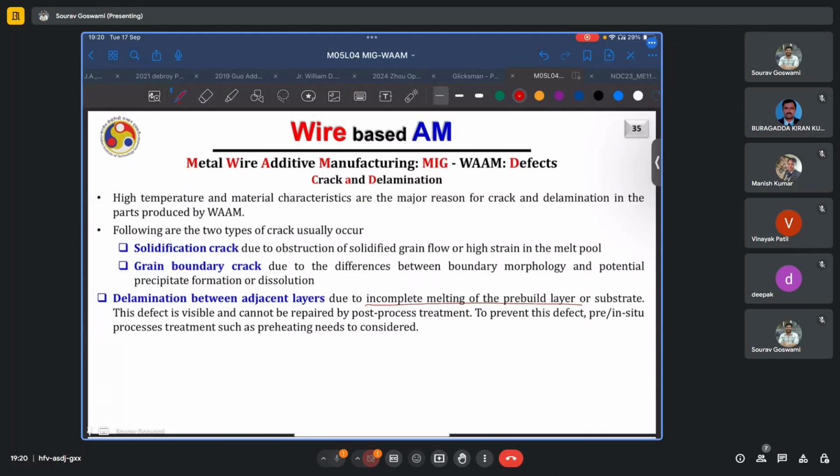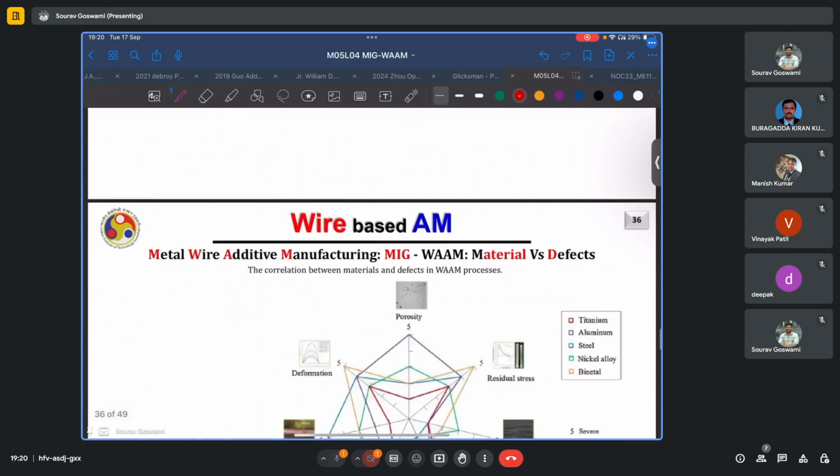To prevent this defect, pre or in situ process treatment such as preheating needs to be considered. It can also happen if the thermomechanical properties of the substrate and the build material are very different. If the coefficient of thermal expansion or the thermal conductivity is very different between the substrate and the material being deposited, then such delamination defects may occur.